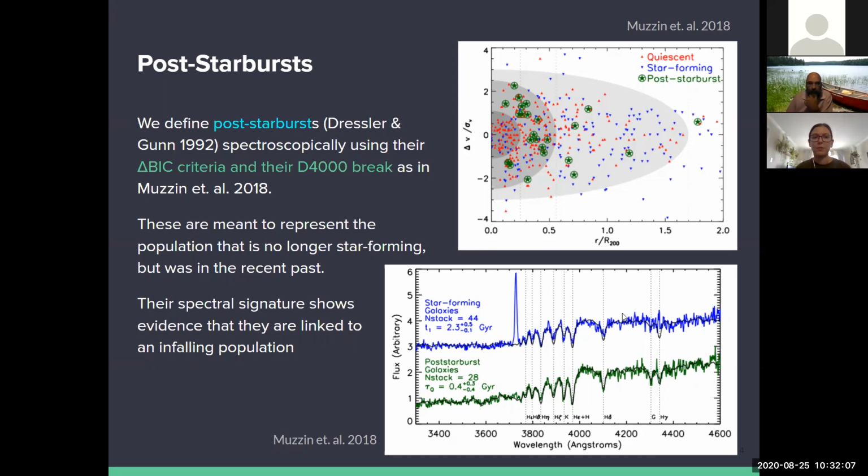And so these are meant to be the population that are no longer star forming, but were recently. And so you can see in their spectra here that I pulled from Adam's paper that their signature shows evidence of this. When you compare it to the star forming galaxies, these don't show the prominent features of being star forming, although they were recently.